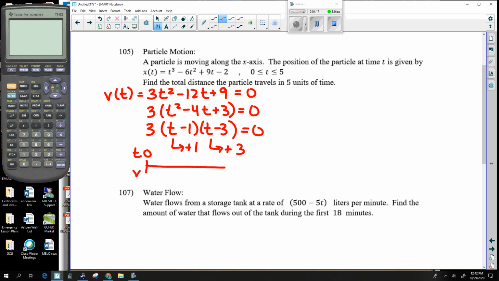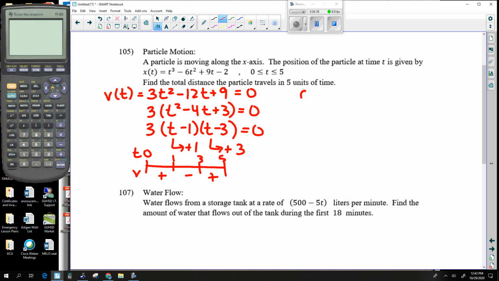Again, we are only interested from 0 to 5. However, 1 and 3 do fall on that. And I see that the velocity is going to be, what, positive, negative, positive. Okay?